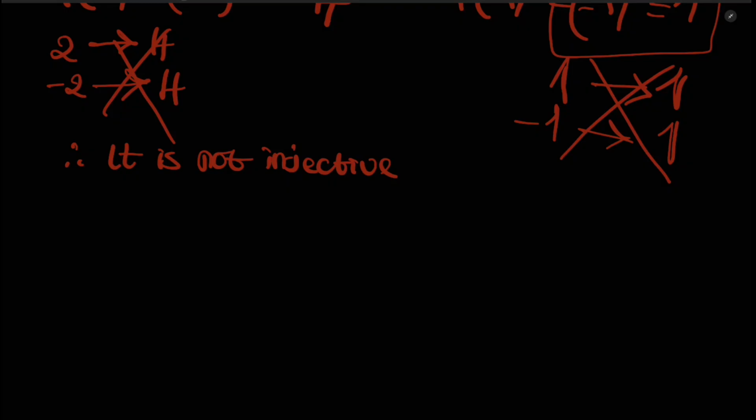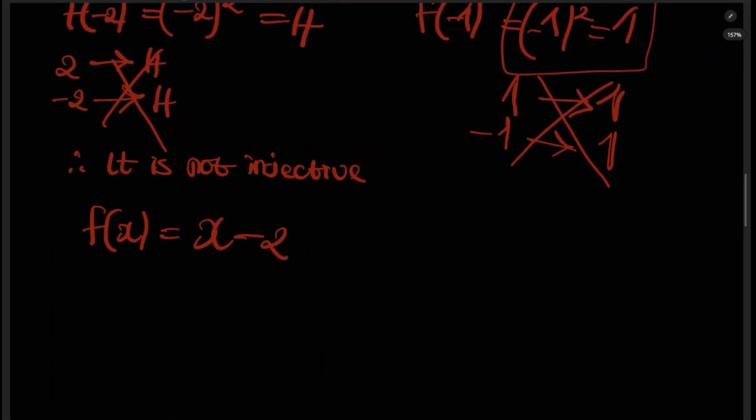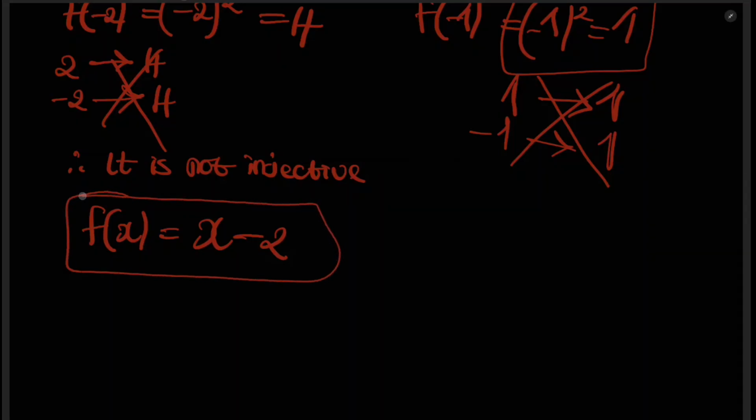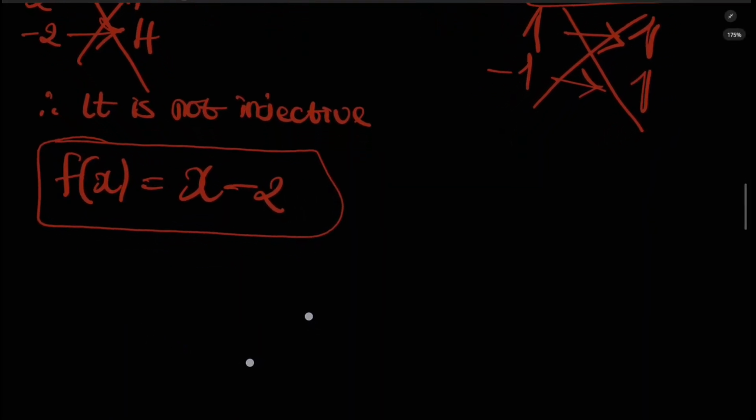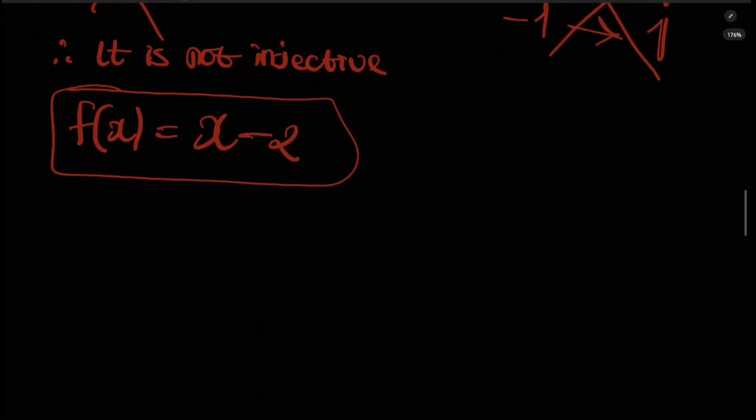Okay, now let's take a different case. If we have a function f of x equal to x minus 2, and it is said to determine if this function is injective. Another way we can say it is that f of x1 should be equal to f of x2.